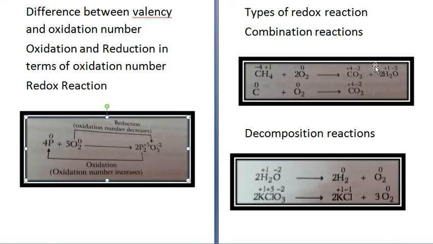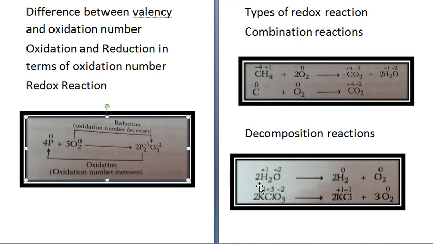So this is a redox reaction, and such types of reactions are called combination reactions, because two substances are combining to give you a new type of substance. Similarly, C plus O2 is giving you CO2. Both carbon and oxygen initially had oxidation number 0. Carbon has changed from 0 to +4, and the oxidation number of oxygen has changed from 0 to -2. So it is a redox reaction.